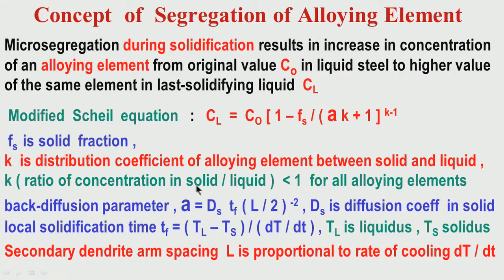So, in the solid, what is the diffusion parameter? It is very important. This back diffusion parameter A is directly related to the diffusion coefficient of the particular alloying element in the solid, solid meaning in the dendrite, whichever is solidifying in the form of dendrites. So, how this particular alloying element will diffuse depends on that, and then it depends on the local solidification time Tf.